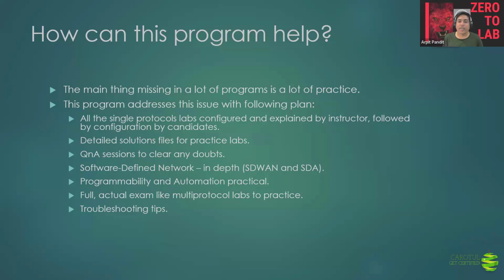Because ultimately, if STP or EIGRP is having an issue, you just need to know how it should behave in a normal condition, and what are the aspects which must match and must not match, and then accordingly you can quickly do the troubleshooting, right? So troubleshooting also will become one of your strong suits if you join this course.